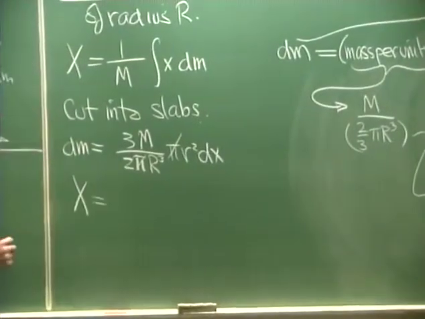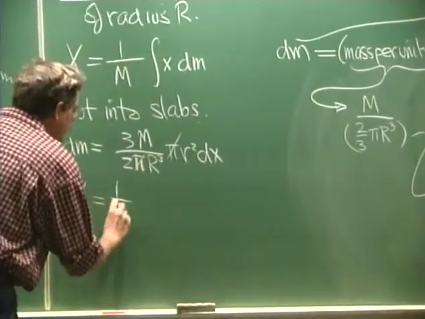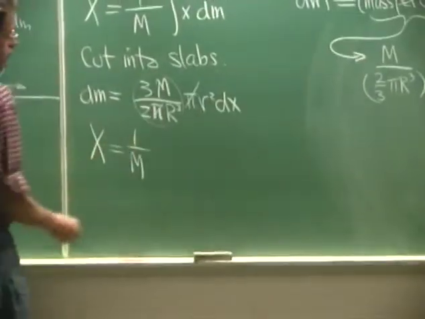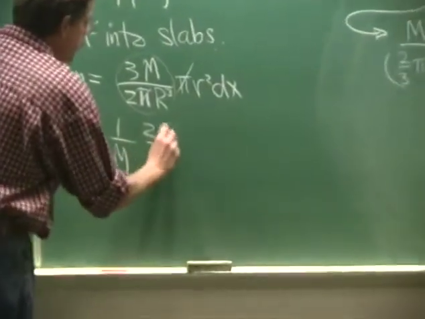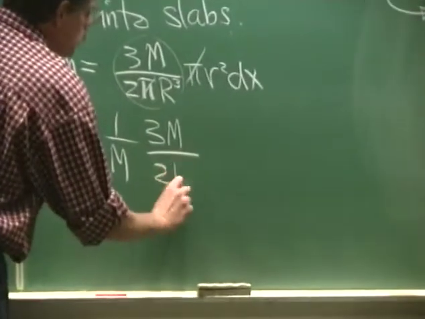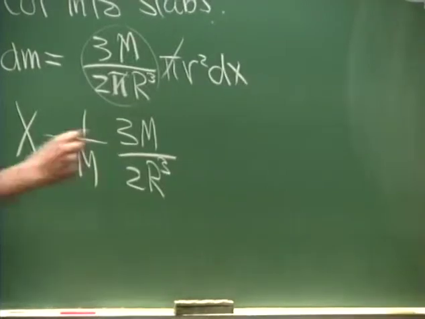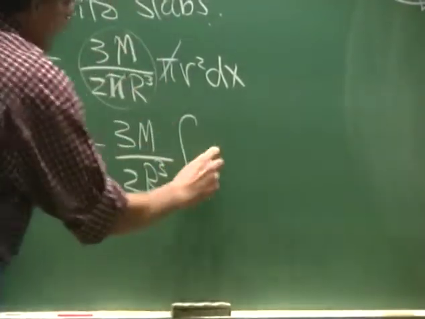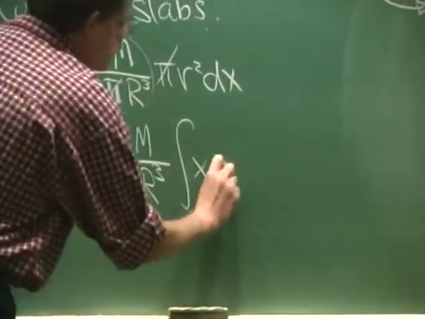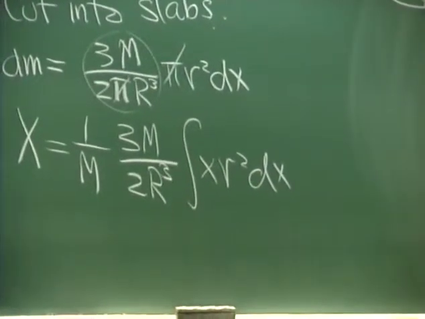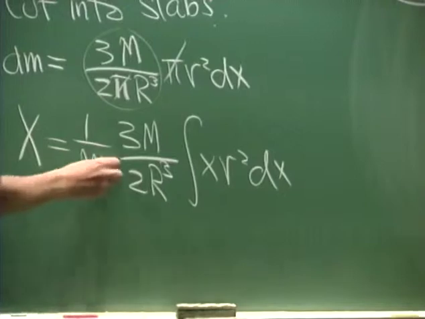X is equal to 1 over the total mass, times, actually I'll pull all this stuff outside of the integral because it's constant, 3m over 2r cubed. And what's left is the integral of x, don't forget that, times r squared dx. The m's cancel.